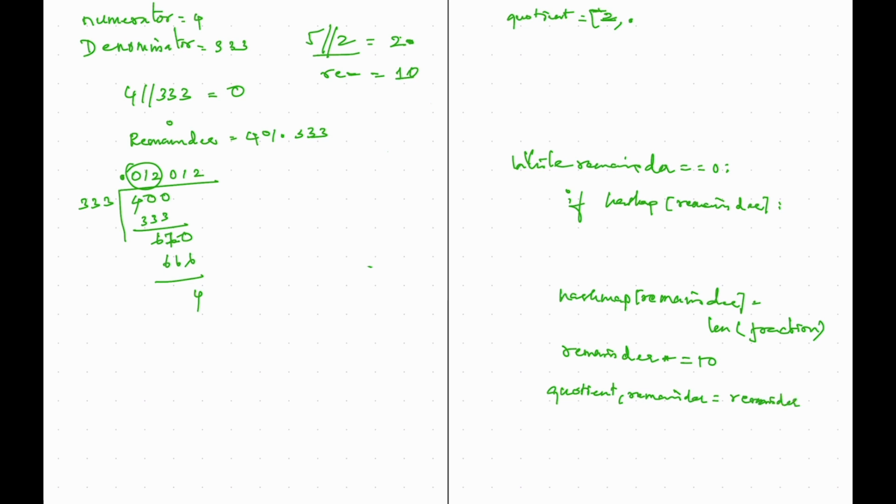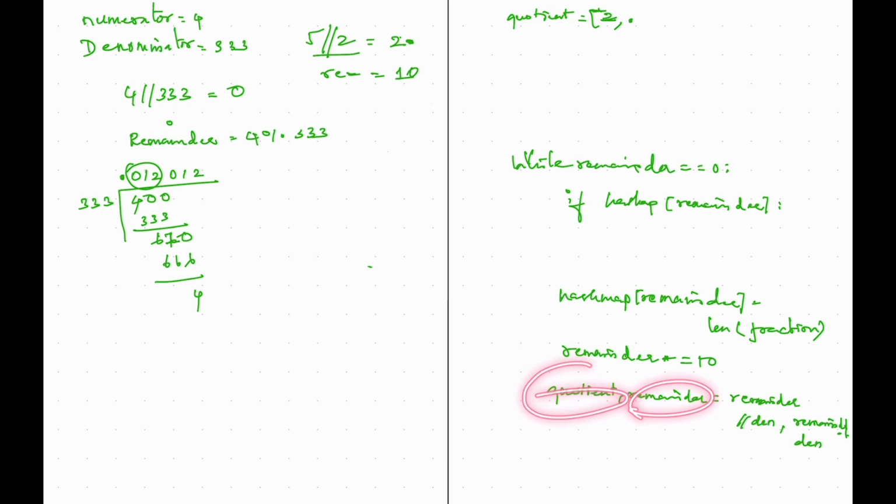Remainder divided by denominator will give you the quotient, and remainder mod denominator will give you the next remainder.